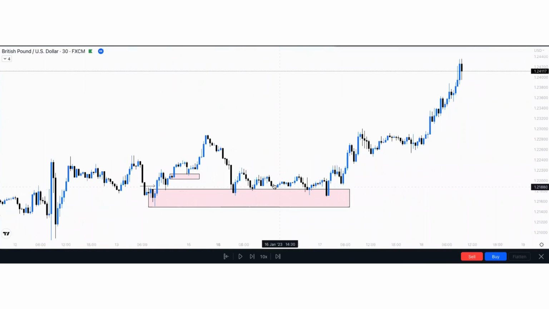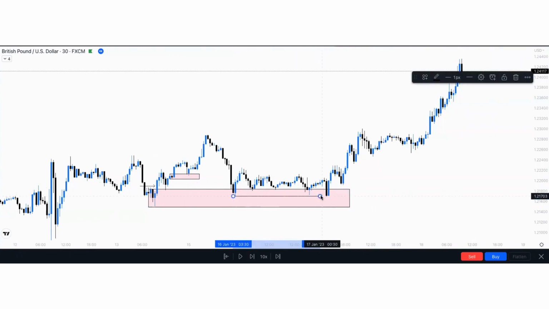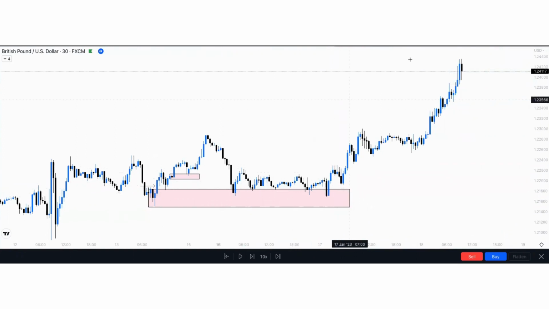But it is a good example or a good strategy to wait for the manipulation. Like this one, it manipulates this area here, like have this bearish move right here, and then took the price to the upside and then make another high again using this POI right here.